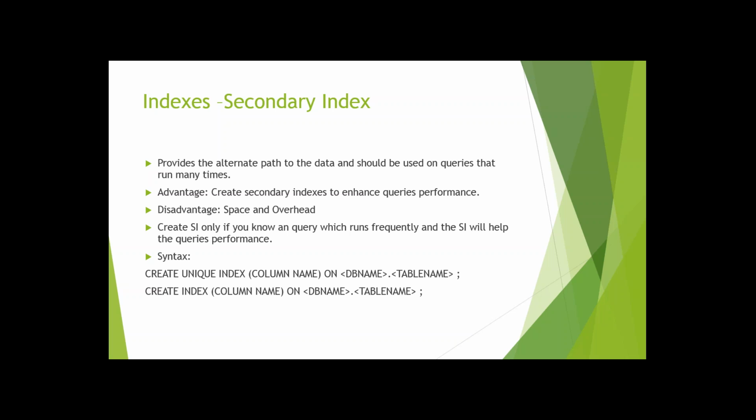If you are frequently going to access the data using department number, then I would highly recommend creating a secondary index. Then your query's performance is going to increase, because rather than scanning millions and millions of records to identify thousands of rows, you are going to access these thousands of rows using the secondary index.